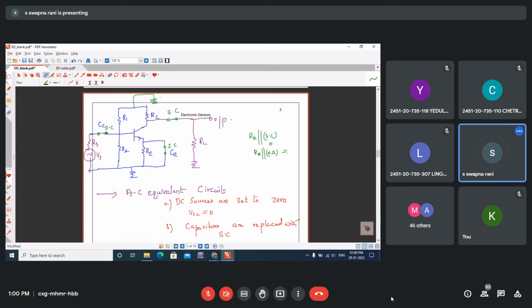Yes, zero. So now this RE also becomes a short circuit. Because of this bypassed CE, there is no emitter resistor. RE also will be a short circuit. So the emitter is now directly connected to ground.